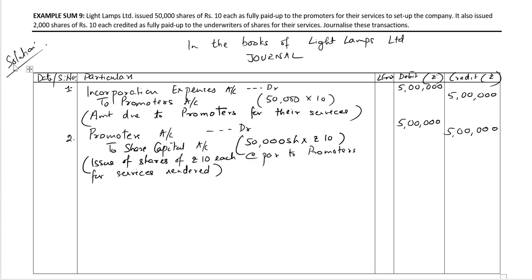We'll deal with the next part of the question. It also issued 2,000 shares of rupees 10 each credited as fully paid to the underwriters of shares for their services.